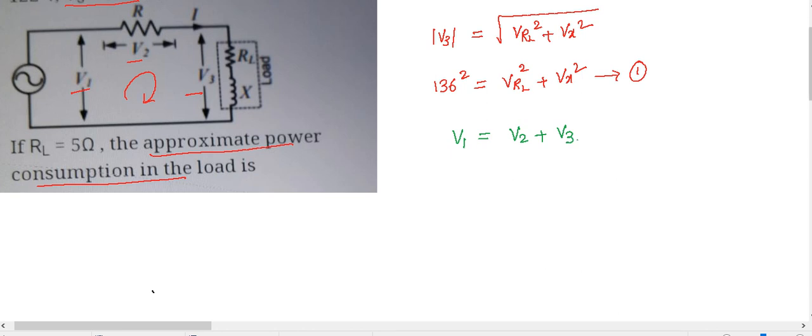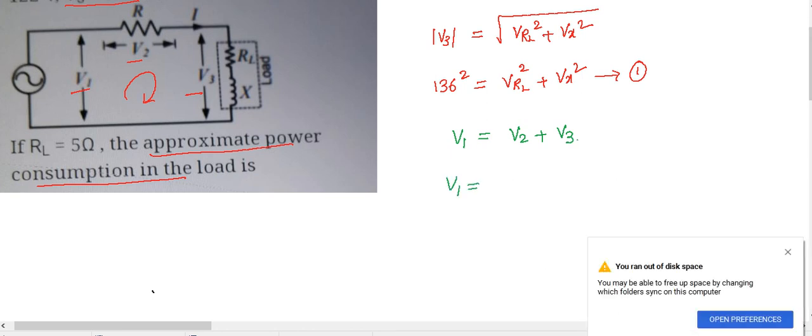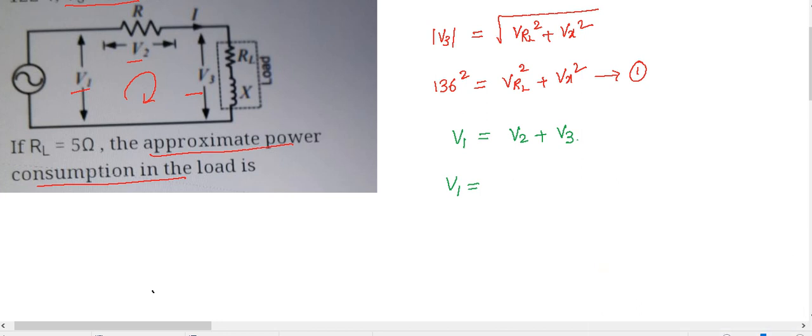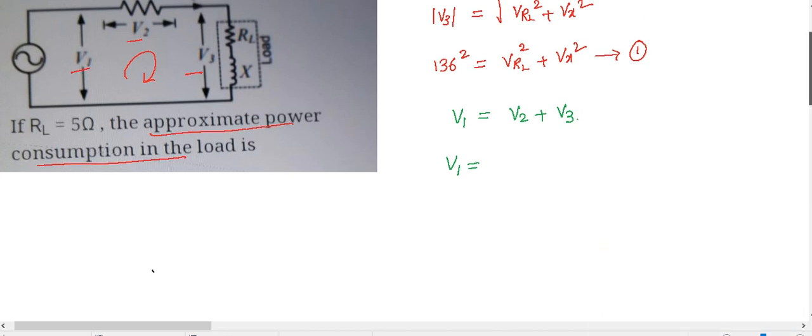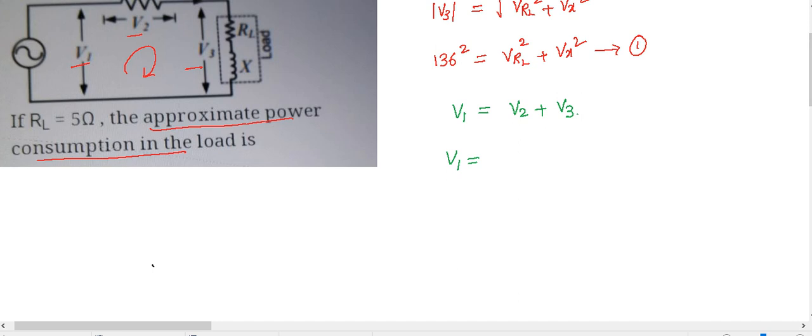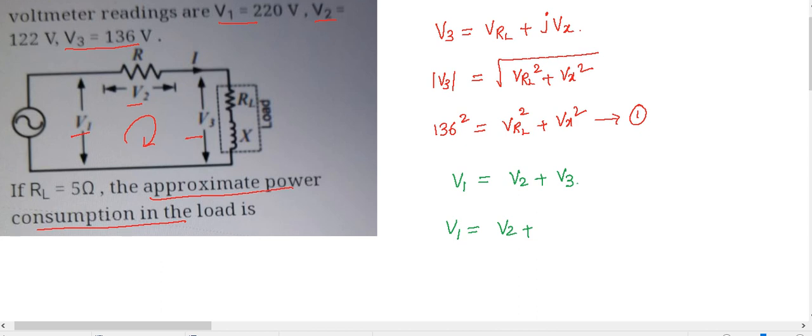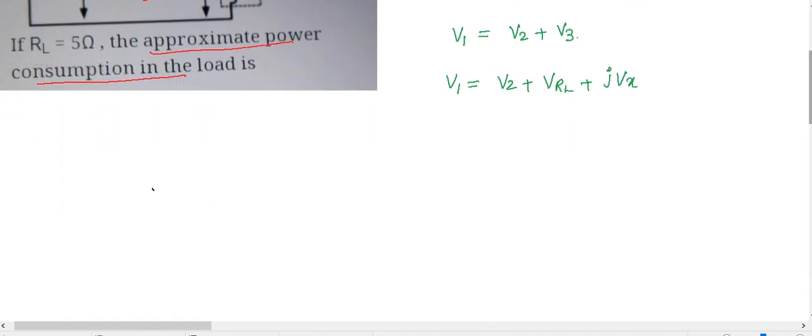So V1 equals V2 plus VRL plus jVx. From this, V1 equals V2 plus VRL, which is the real part, and Vx is the imaginary part.